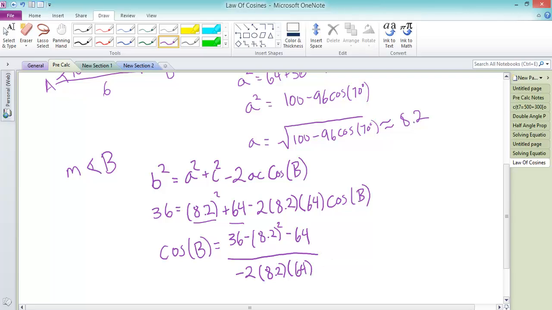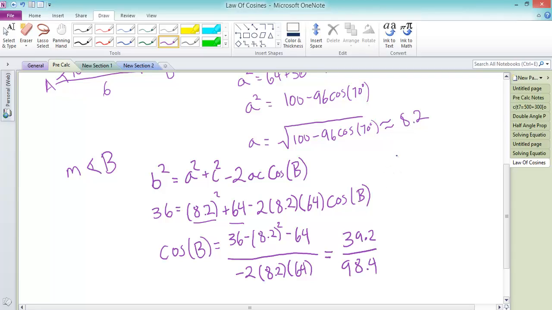Once we type that into our calculator, we get that side is equal to 39.2 divided by 98.4. Now I need to know what B is such that the cosine of angle B is 39.2 over 98.4. And guys, I don't have that triangle memorized, so I'm going to use my calculator.